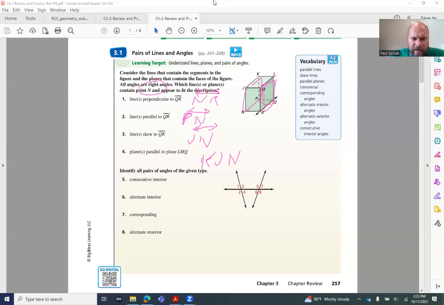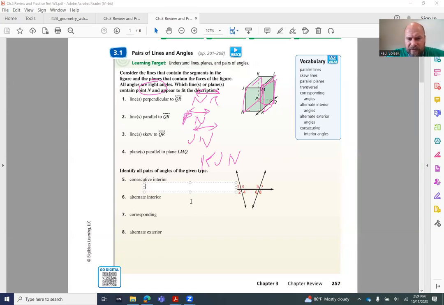Number 5, identify all pairs of angles of a given type. So they give us several different things here. Let me try doing this a different way. I don't have my usual writing thing, so I'm going to try typing instead. So consecutive interior.